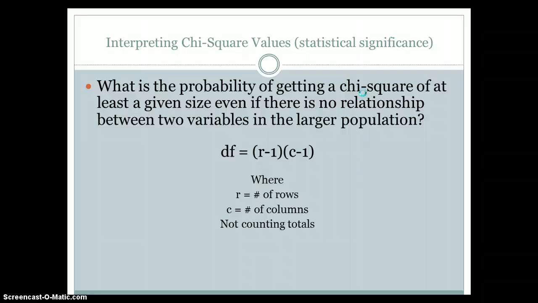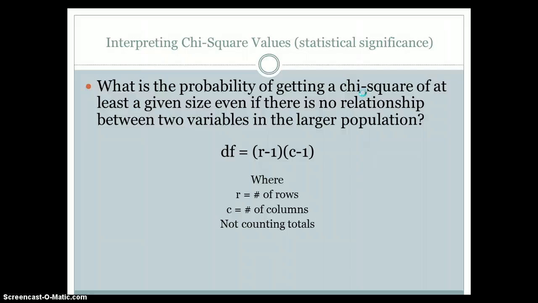And we can ask, what's the probability of getting a chi-square of at least a given size, at least a certain size or strength or number, even if there is no relationship between two variables in the larger population? In order to do that, we first have to establish our degrees of freedom.